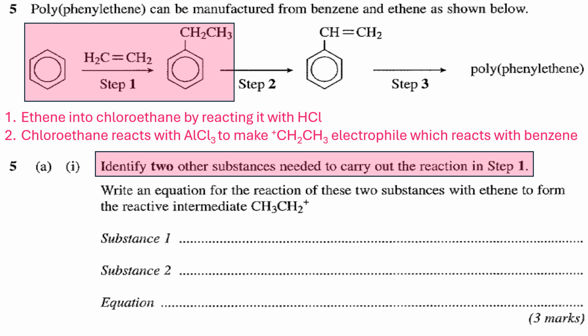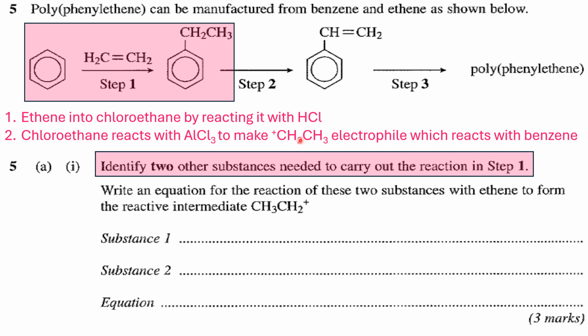So the ethene needs to be changed into chloroethane by reacting with HCl. This will chlorinate it on one of the 2 carbons. And then that chloroethane can go on to react with AlCl3, like we just talked about, to make the CH2CH3+ electrophile. Now, I just want to point out here that it's good practice to put the positive charge on the carbon that has the positive charge on it.